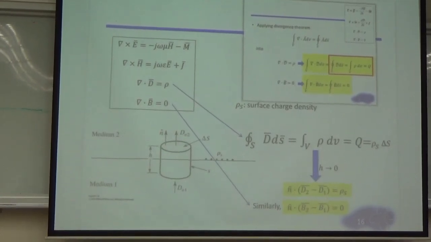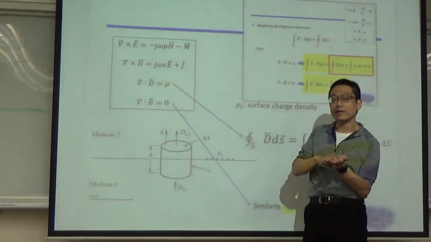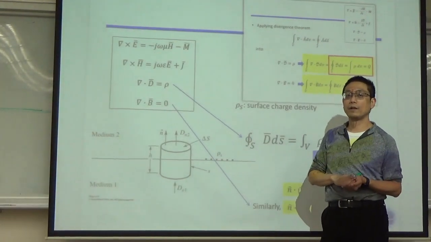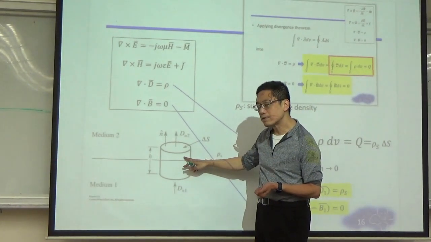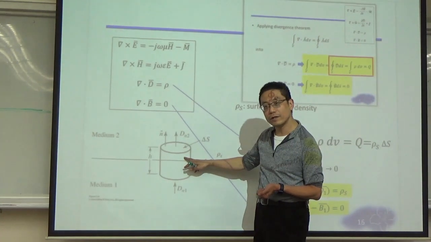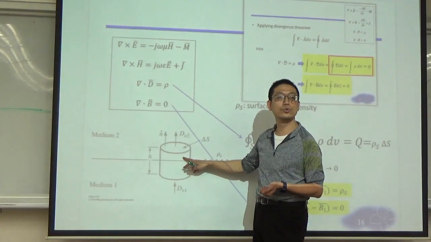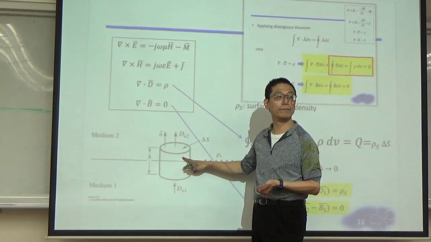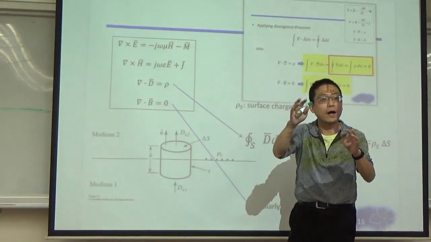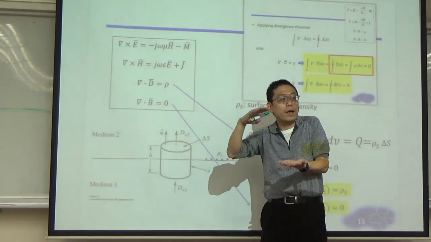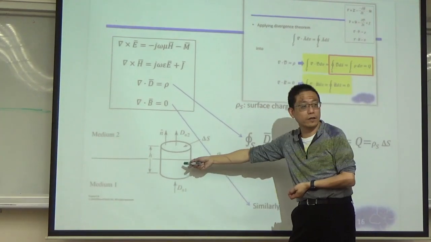Okay, a boundary condition. We think about a special case of Gauss's law. Say the surface we try to integrate over is a cylinder.